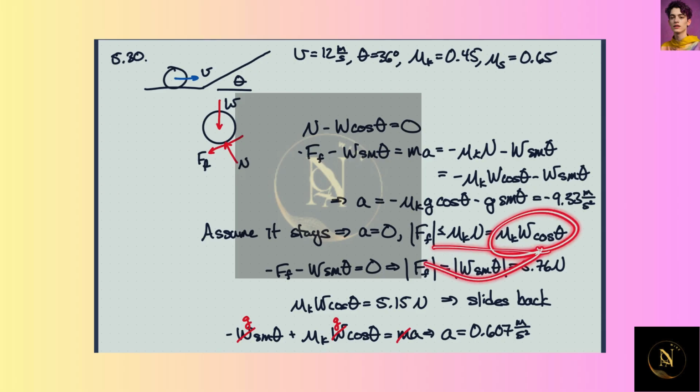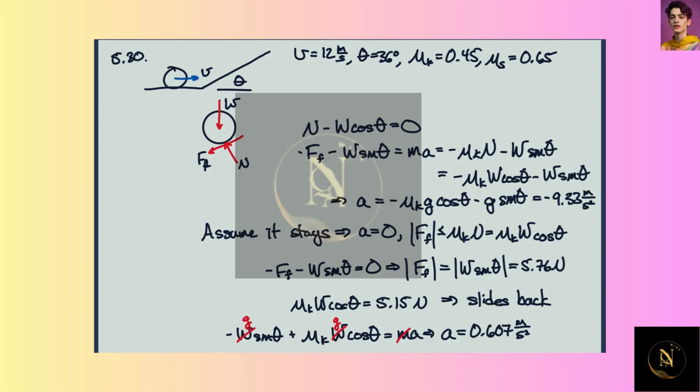We can plug all of our values into here, and we get that that's 5.15 newtons. So the friction force needed to keep it static is greater than the friction force that can be generated between the surface and the rocks. So it then slides back down.